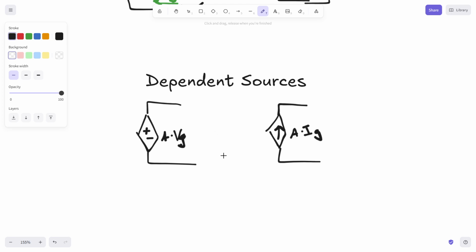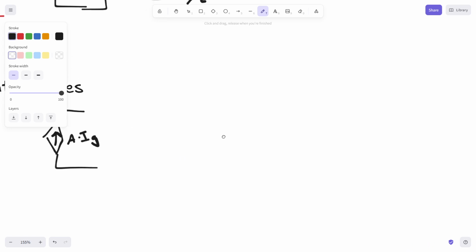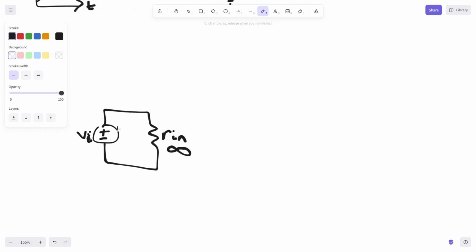Now what this really implies, a great example would be an ideal operational amplifier. So for an operational amplifier, you've got some kind of input voltage that goes across a very large input impedance that is near infinity, or as large as it can possibly get.